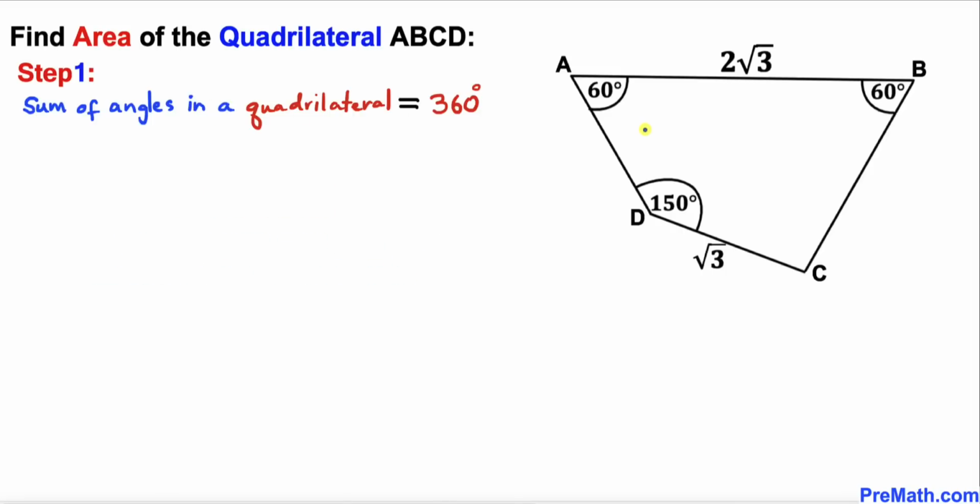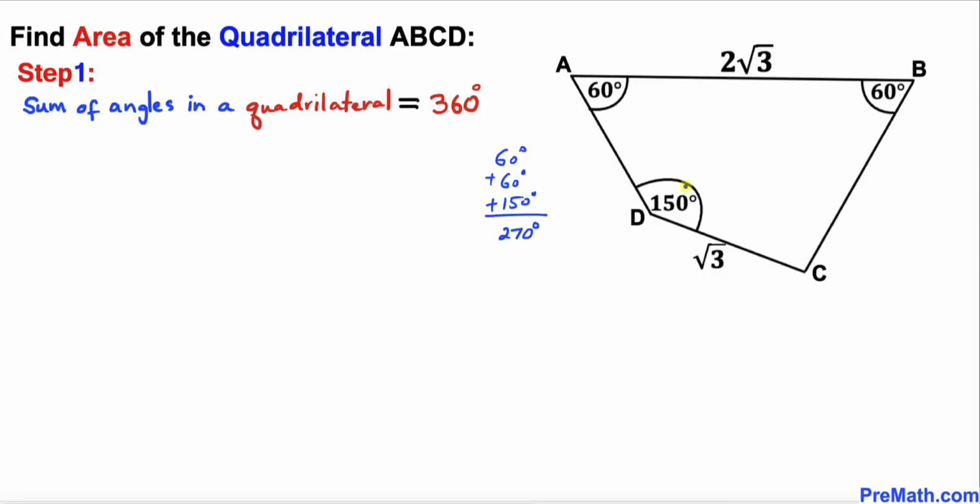Let's focus on this quadrilateral ABCD, and we know that the sum of the angles in this quadrilateral is equal to 360 degrees. Let's add all these three angles first. 60 degrees plus 60 degrees plus 150 degrees adds up to 270 degrees.